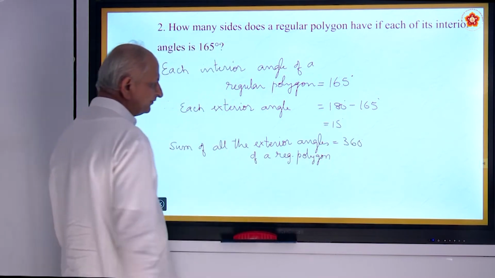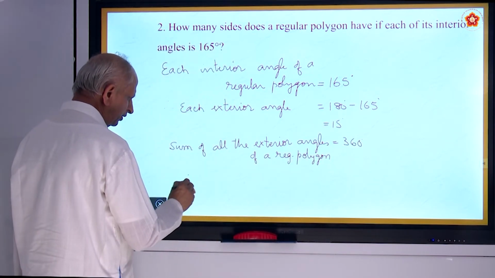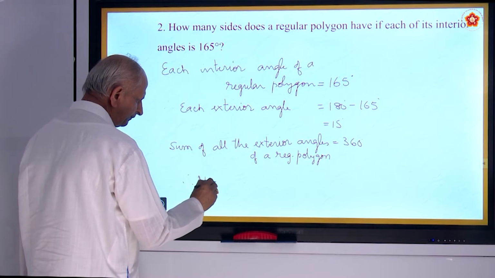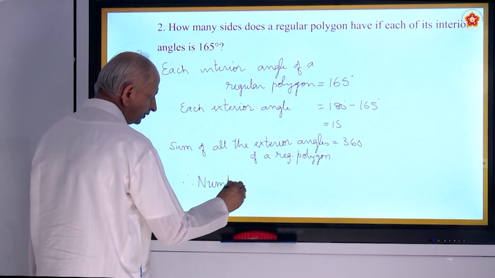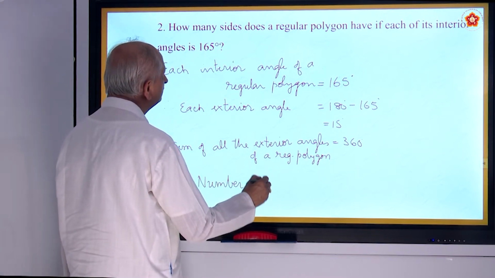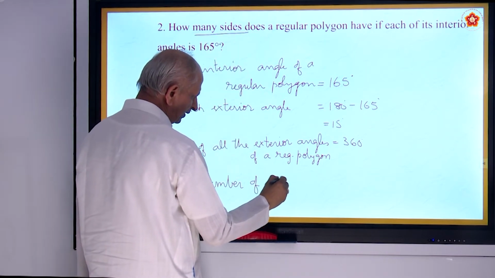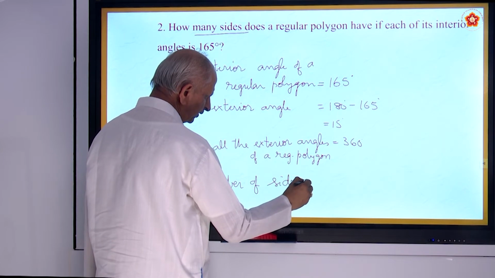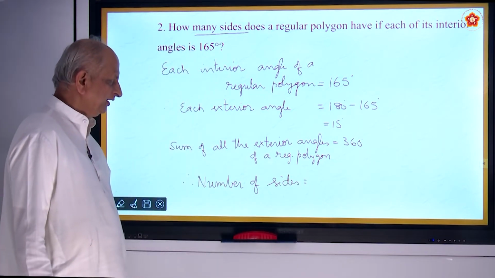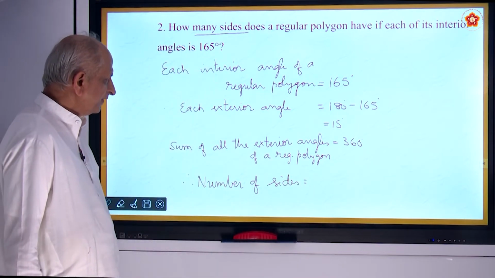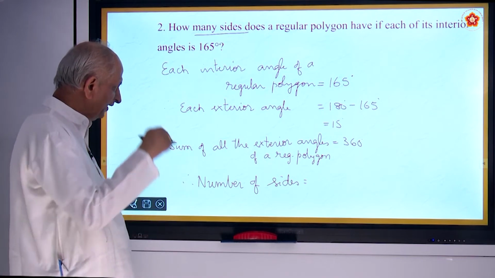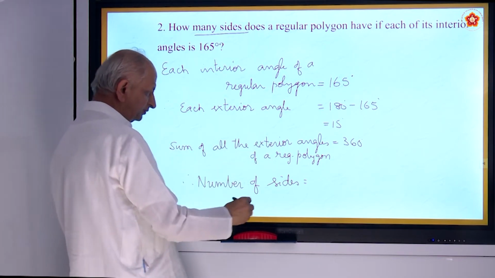Now each angle is 15 degrees. Therefore, number of sides, see how many sides they are asking. Always when you work out a problem, you should know what they are asking, and for that you should know what we know already. So this is the thing, already we know it.